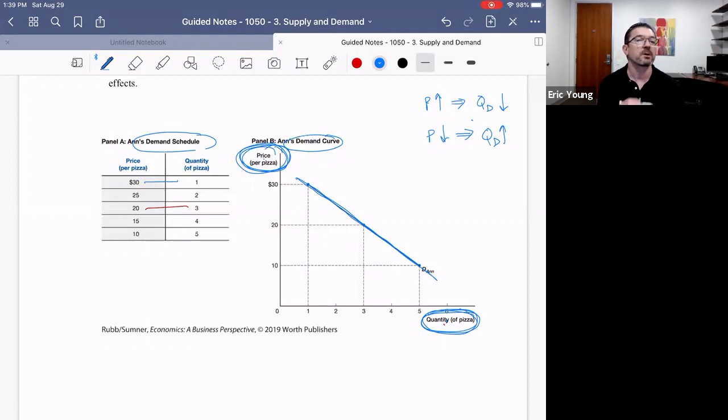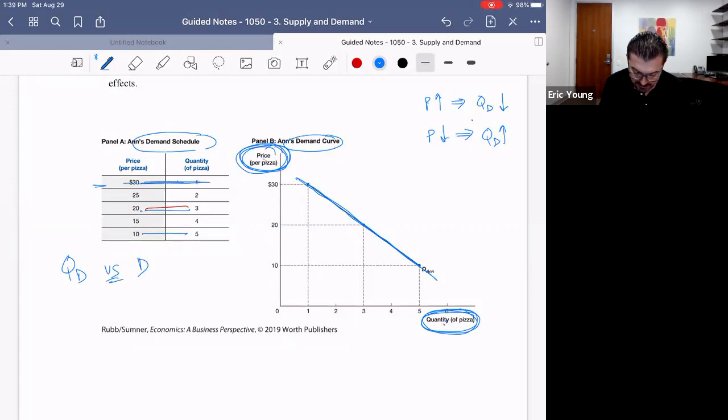There's a couple of important things I want to bring up right now. They're going to come back to us later, but I want to plant these seeds now. Number one, there is a difference between quantity demanded versus demand. Quantity demanded refers to one individual combination of price and how much you want to buy. At a price of 30, your quantity demanded is 1. At a price of 20, it's 3. At a price of 10, it's 5.